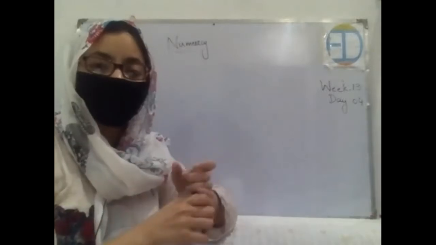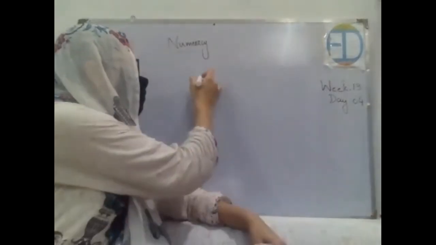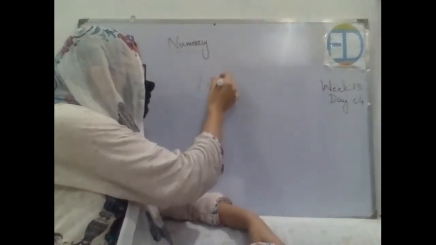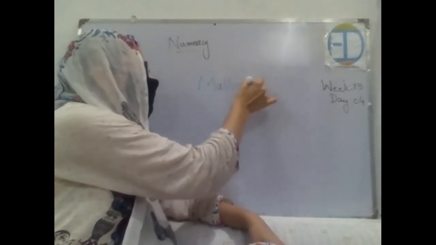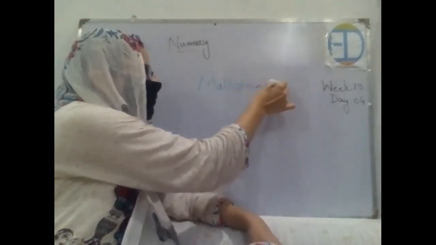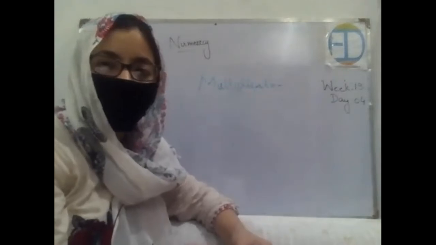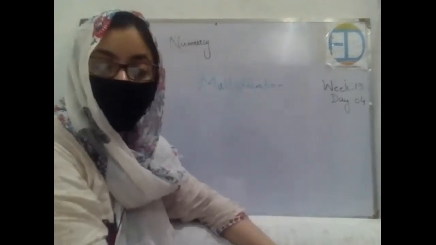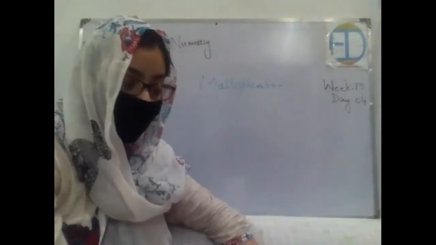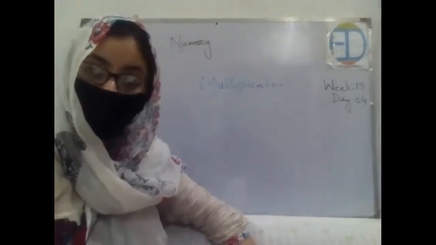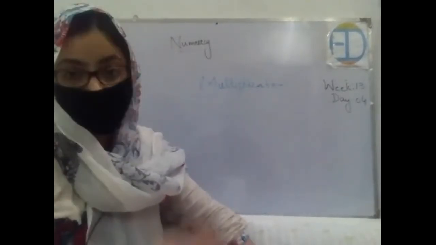Now if we talk about this number operation, which is multiplication, what we have done so far: we first introduced what multiplication is. Then we learned the tables of twos, threes, fours, fives, and then 10, right?